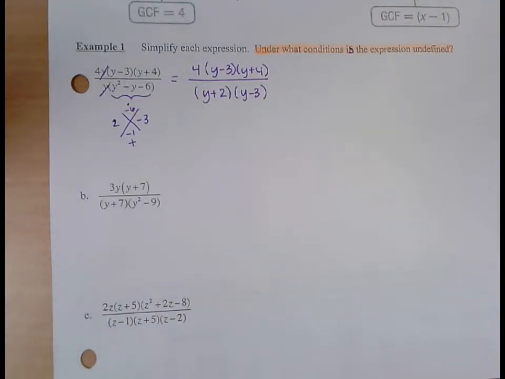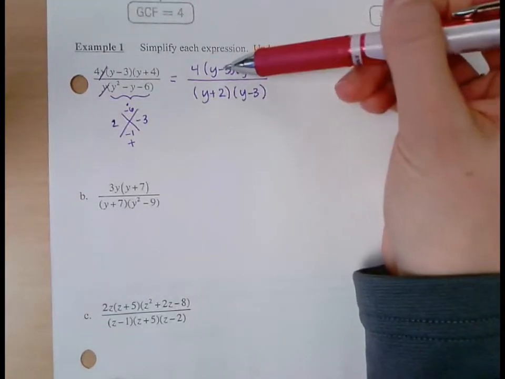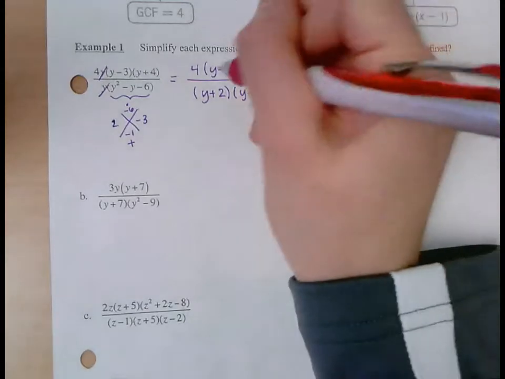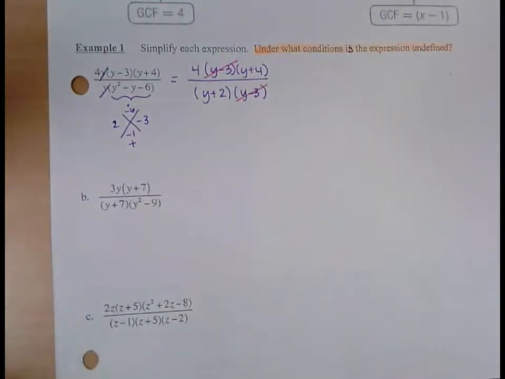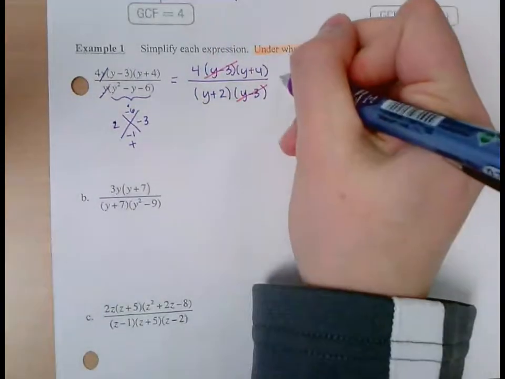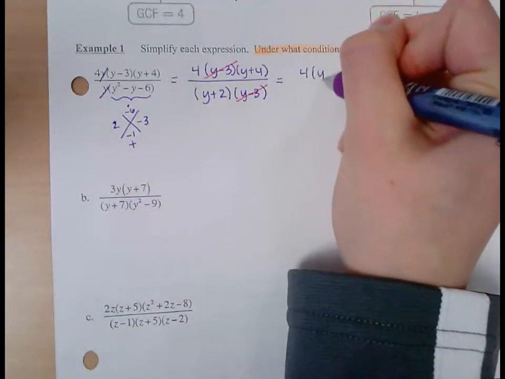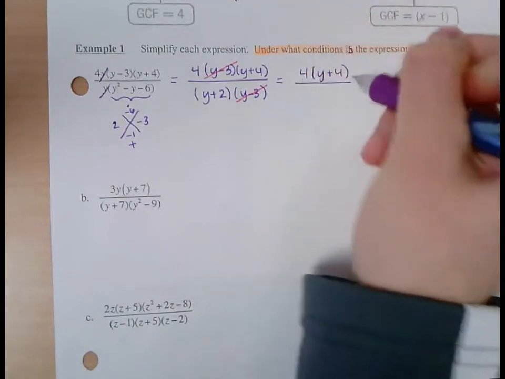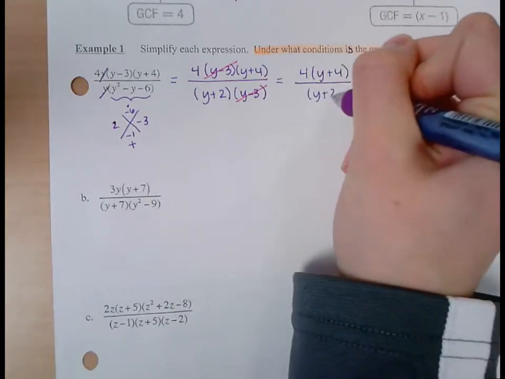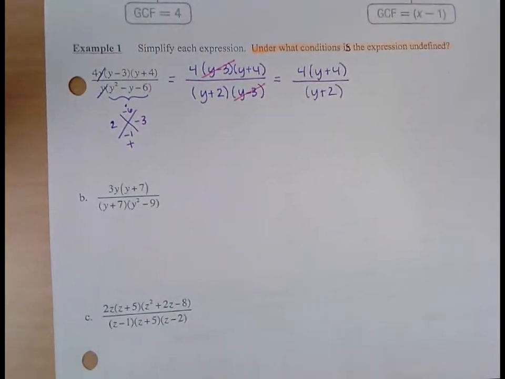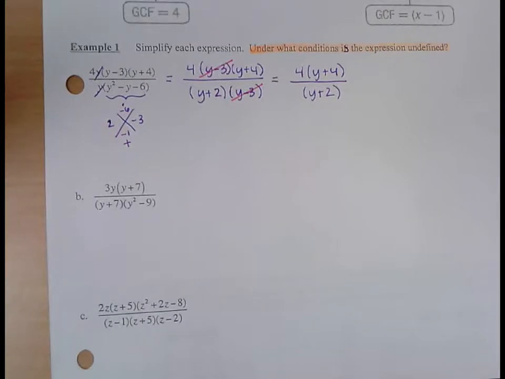Then I look at the top and the bottom, since now everything is factored. I see they have a common factor of y minus 3, so the y minus 3's cancel out. The final simplified expression is on top 4 times the quantity y plus 4, on the bottom y plus 2. And that would be fully simplified. The y's do not cancel.